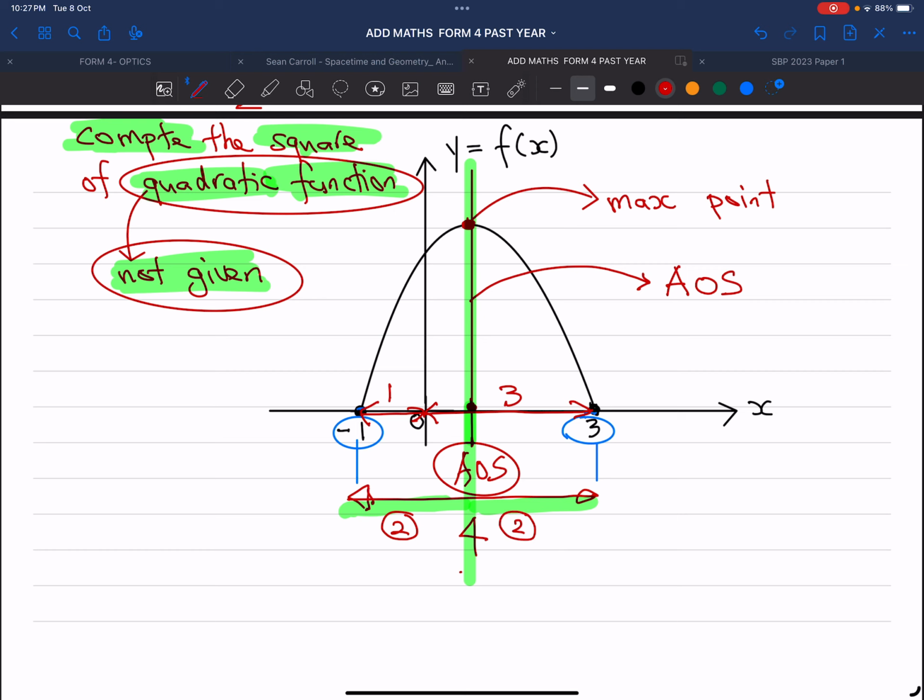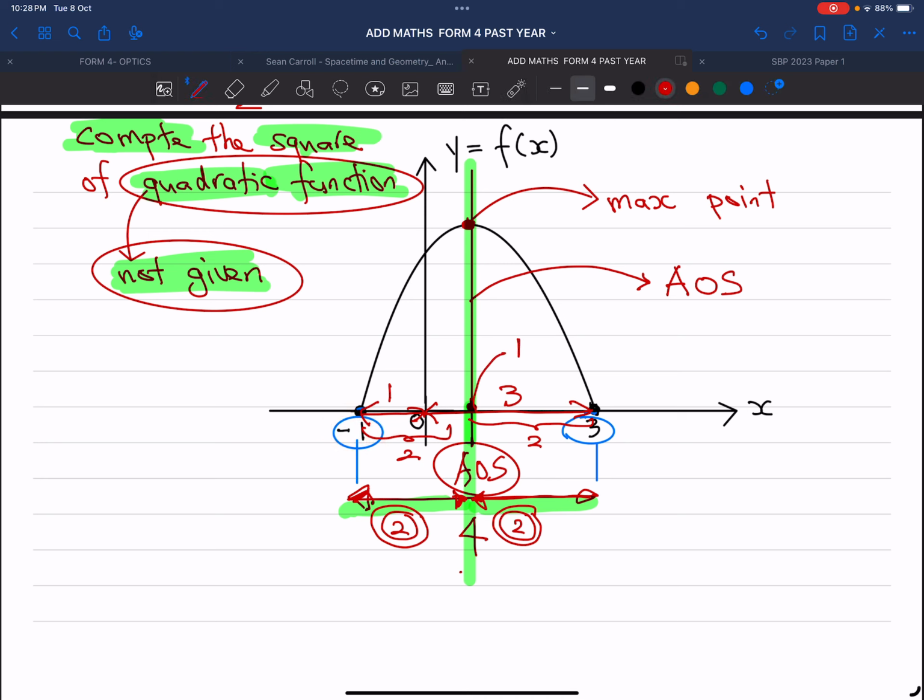So now we can get the answer for the axis of symmetry equation. If the whole thing is 4, from here to here this is 2, and from here to here this is also 2. So first I take -1 plus 2, and I get 1.